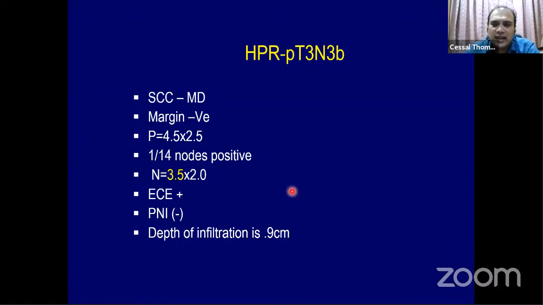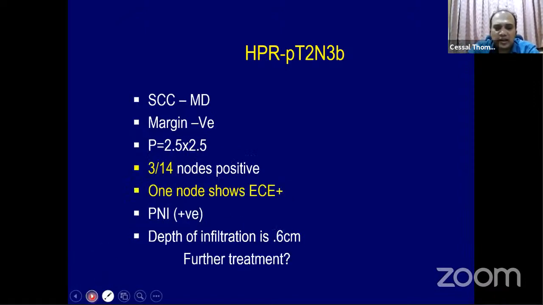Single node, less than 3 centimeter, no extracapsular extension, and if it is ipsilateral, it is also considered as an N2A. If it is a contralateral node, less than 3 centimeter, and is having extracapsular extension, it is not N2A, it is N3B. So to consider it as N2A, it should be an ipsilateral node with an extracapsular extension, and it should be less than 3 centimeter.